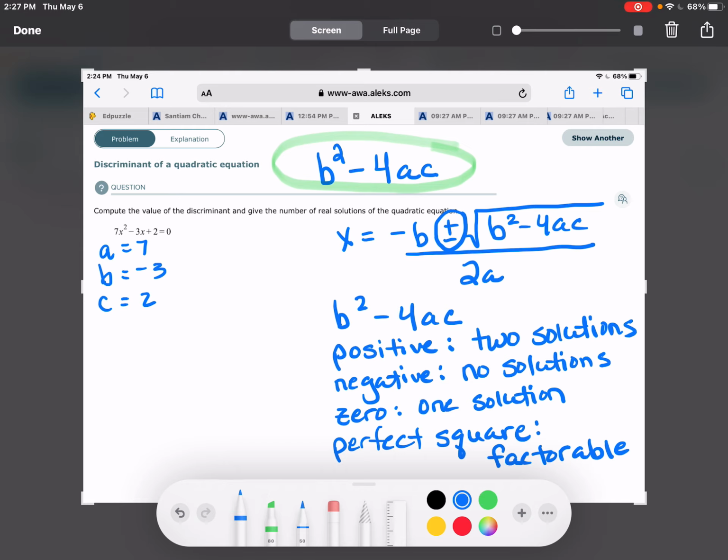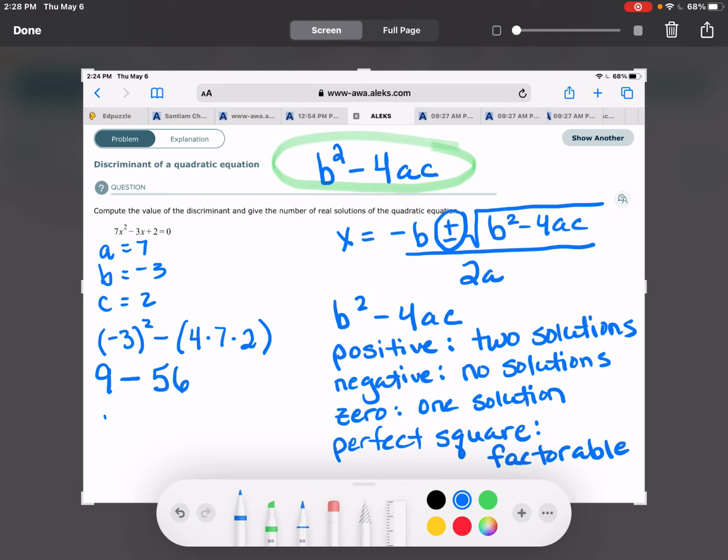We're going to use only the part of the quadratic formula under the square root. So we're going to say b, which is negative 3, squared minus 4 times a times c. In this case, negative 3 squared is 9, minus 4 times 7 is 28, doubled, which is 56.